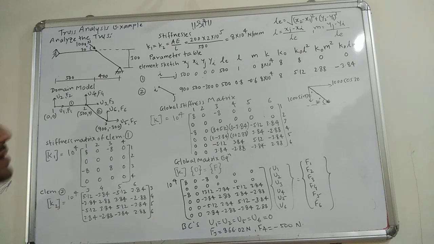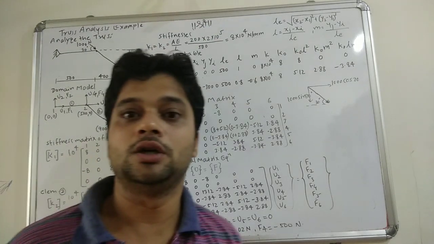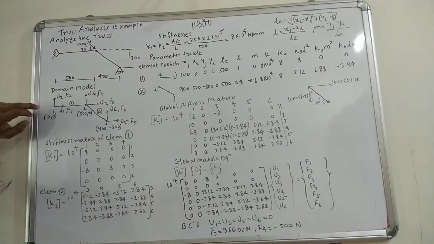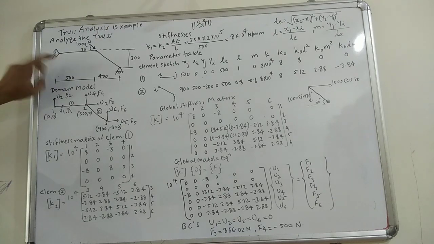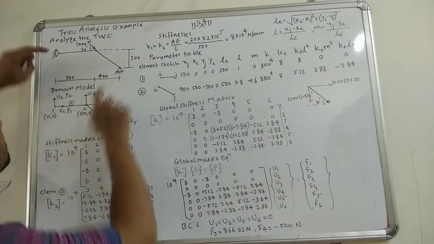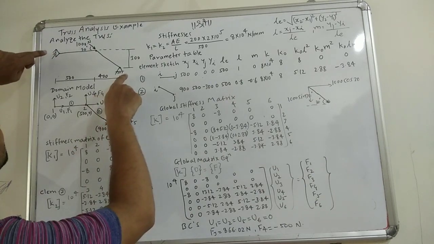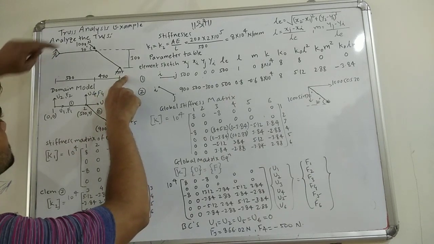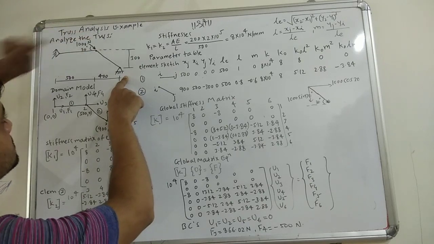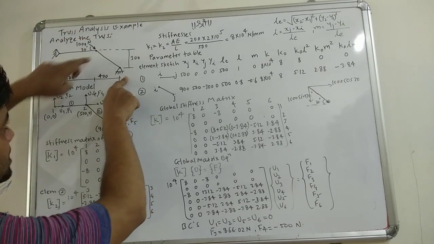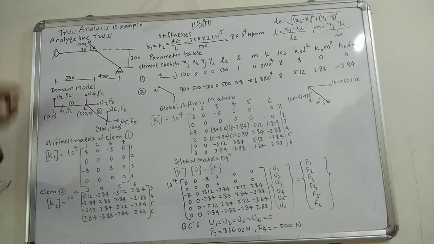Then the next thing that comes up is the domain model. In the domain model, as we know, there are only two members. The two members have two supports at the corners, and the one point in the middle is being applied by the external force.